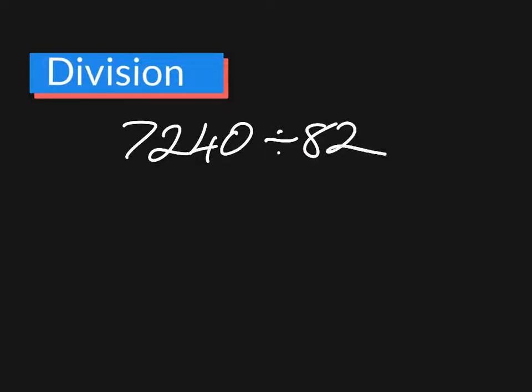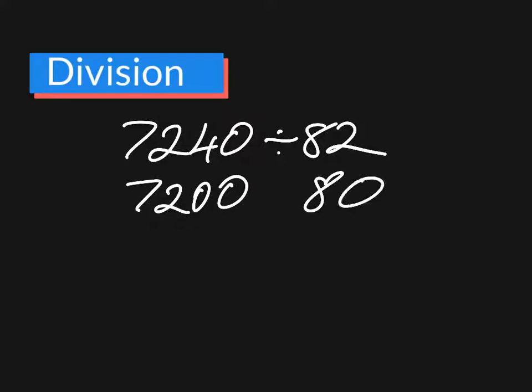So say, for example, you have 7,240 divided by 82. And we're going to approximate the answer for now. So we'd start by rounding off to the nearest hundred and the nearest 10. 7,240 rounds down to 7,200, and 82 rounds down to 80.